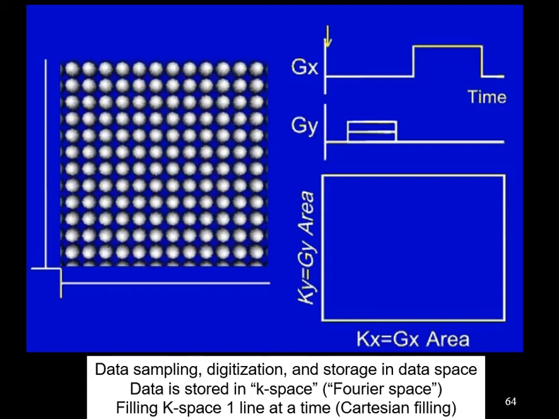When these stripes are being formed, the data will be sampled, the data being the total amount of signal created by the magnetization, and that data will be mapped into our data space, which we call K-space or Fourier space, which is shown in the bottom right-hand quadrant of this slide.